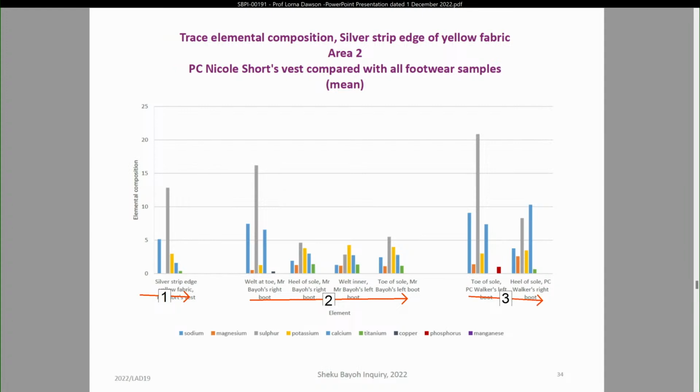And the soil on the Area 2 is different to all the other mean profiles that you see here. So this is just a simplification, essentially, of what we saw in the previous slide, using the mean data rather than looking at the replicates individually. That's correct, yes. Can we move to slide 35, please?